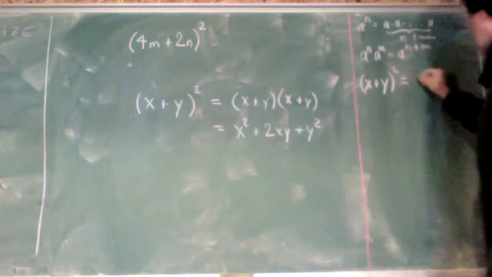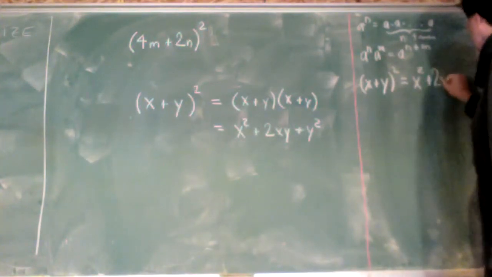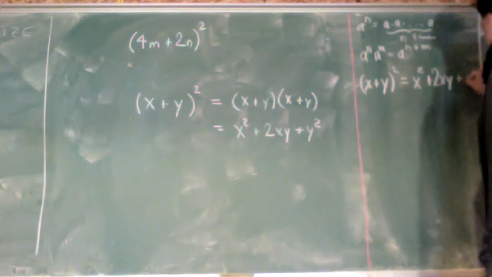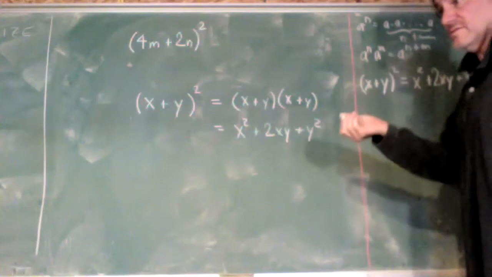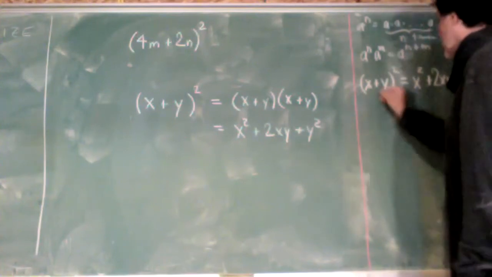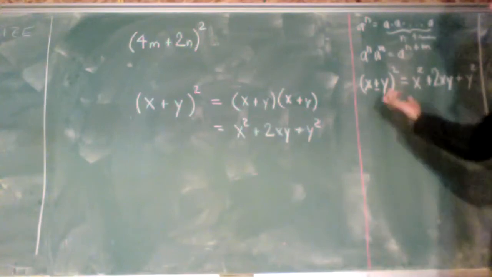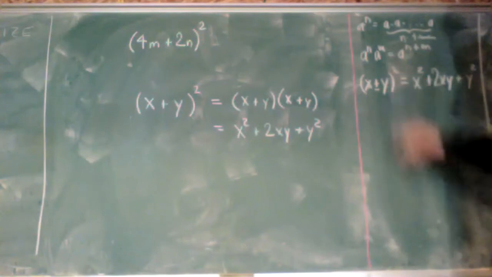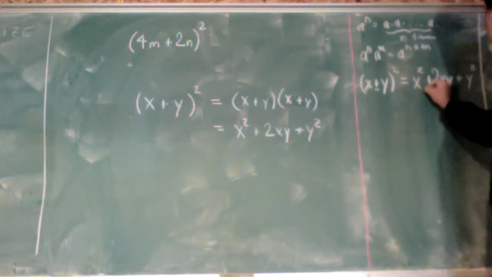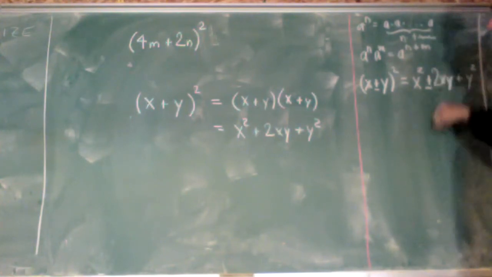I'll just write it out here again: x squared plus 2xy plus y squared. Now, also recall, if instead of a plus it were x minus y squared, a binomial difference squared, the sign of the middle term, the mixed term, goes from positive to negative.